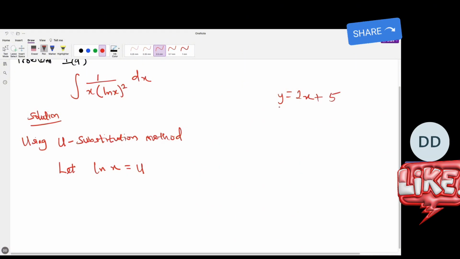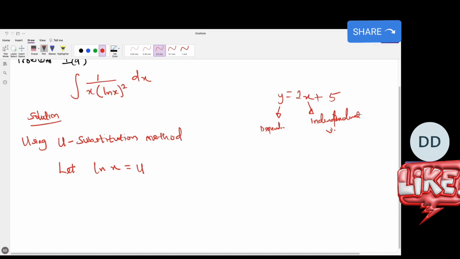Here my y is depending on x, so my y is the dependent variable and my x is the independent variable. So whenever you are differentiating, you will be differentiating with respect to the independent variable.